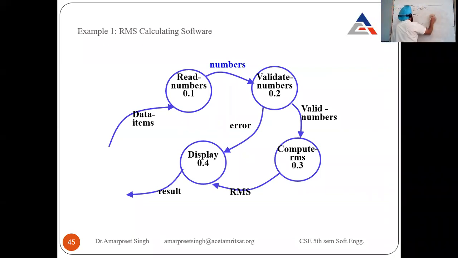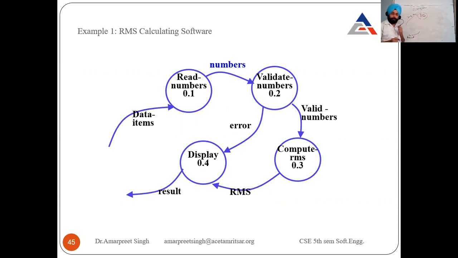So in place of this bubble, I will explode that particular bubble as shown in the figure. The first part is read the numbers, the first sub function of the RMS software.